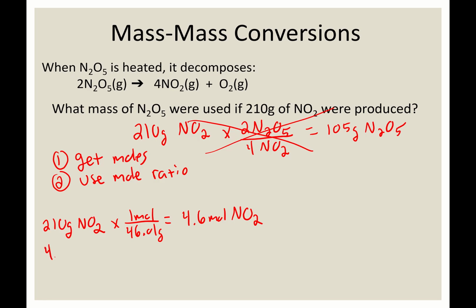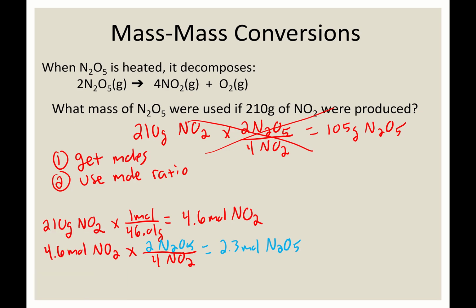We're going to take 4.6 moles of NO2, multiply by this 2 to 4 ratio, so 2 N2O5, and that is going to equal 2.3 moles of N2O5.